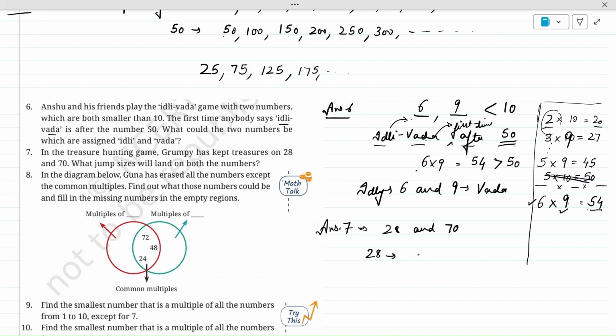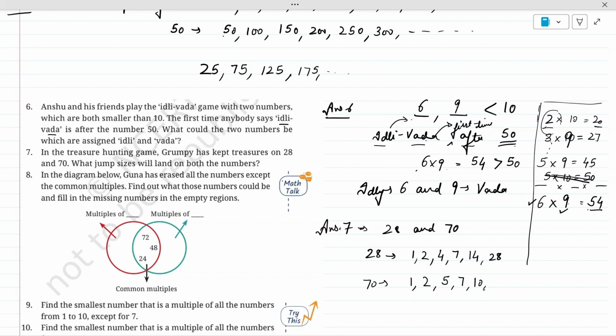The factors of 28, which we have already done, are 1, 2, 4, 7, 14, and 28. For 70, we have 1, 2, then not 3, not 4, 5 we have, 6 we don't have, 7 is here, 8 is not there, 9 is not there, 10 is there.